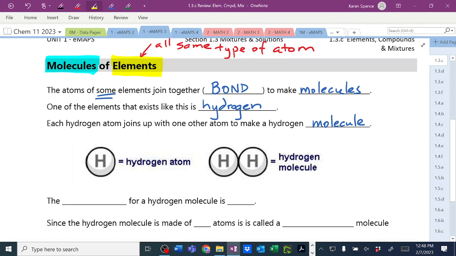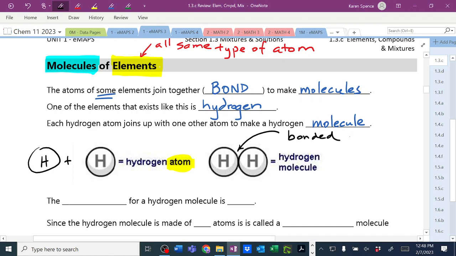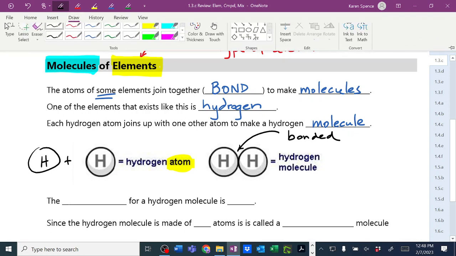So we start with a hydrogen atom. In fact, we would have to start with two hydrogen atoms. And then once they are bonded, stuck together, we get a hydrogen molecule.